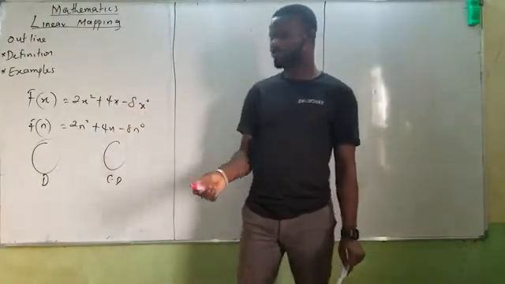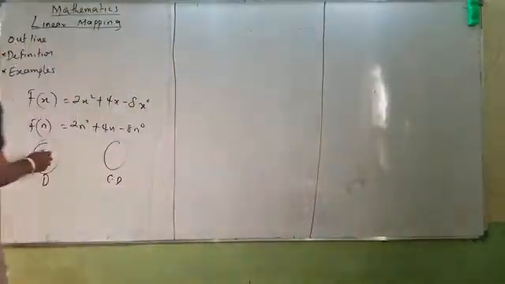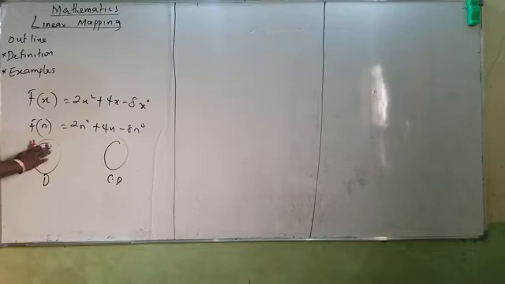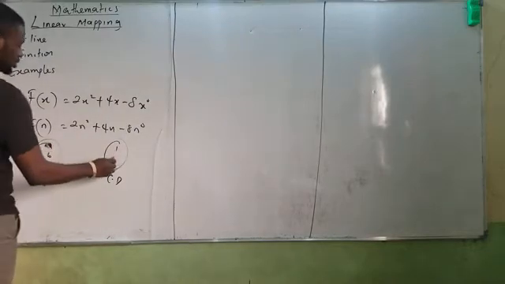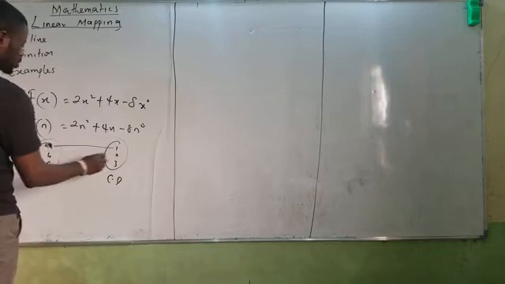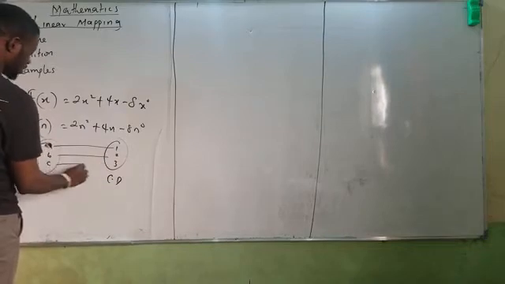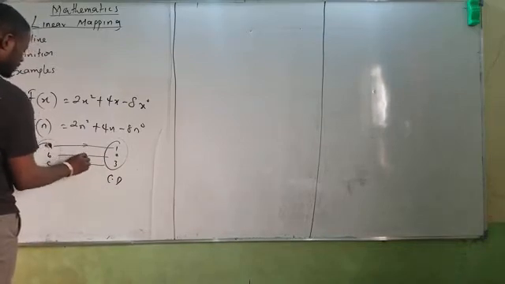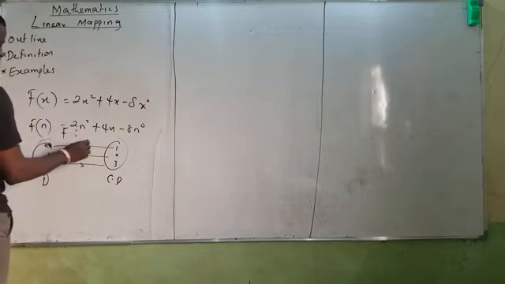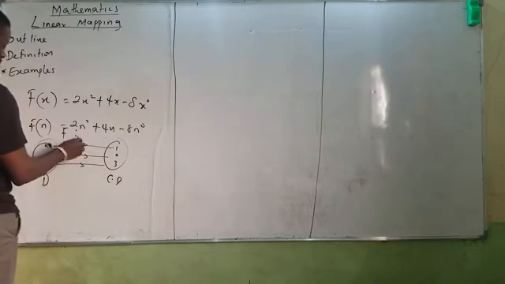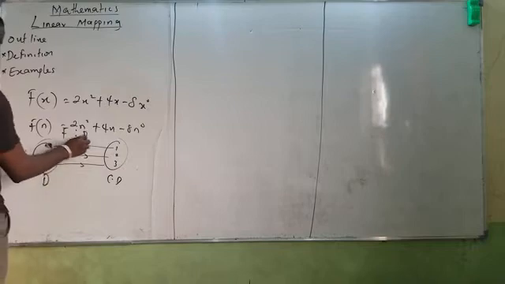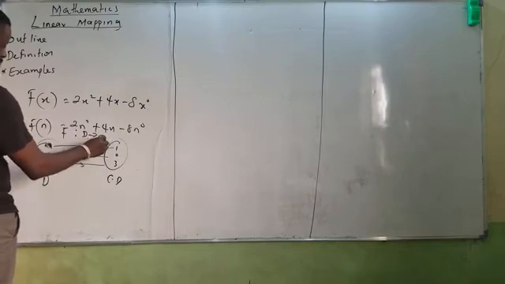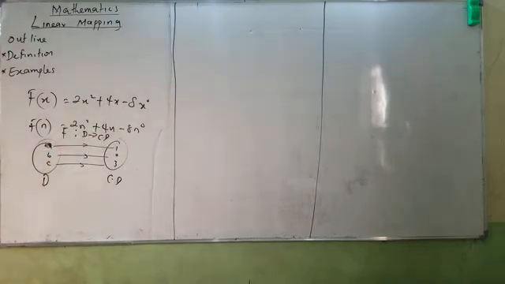I've told you earlier that A, B, C and 1, 2, 3. This is a very good example of f, and this one can be d to c of d. That is what I mean by mapping.